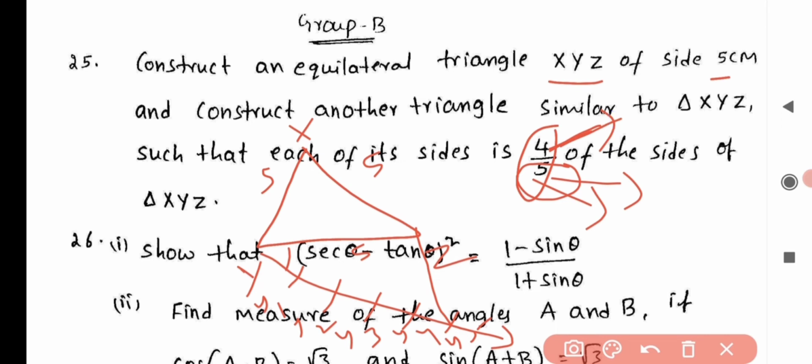This point is called z dash. Now from z dash you draw one parallel line that is parallel to x z, and this point is x dash. So x dash, y, z dash is your similar triangle.